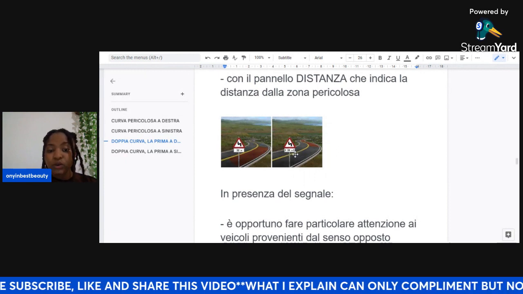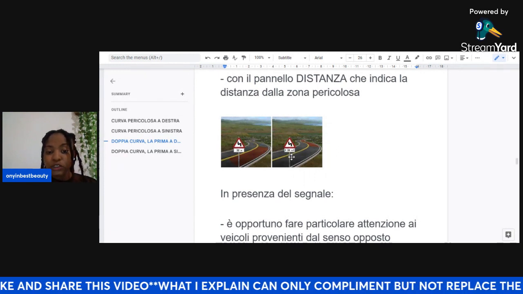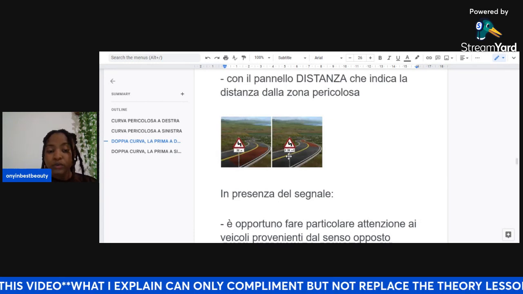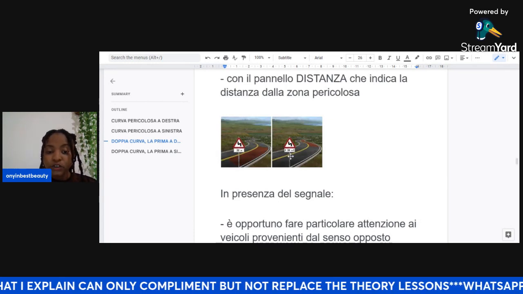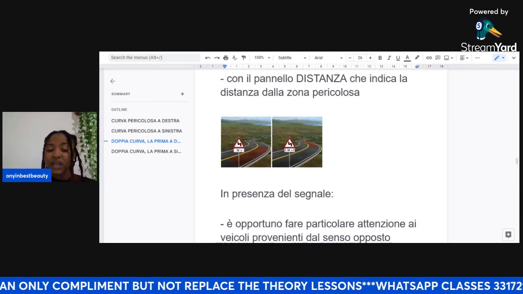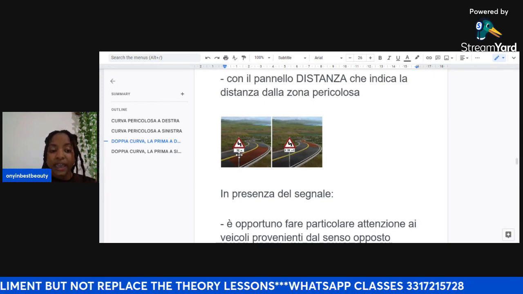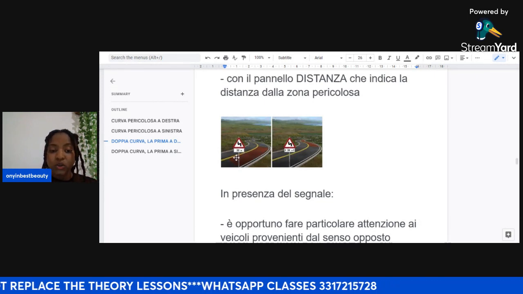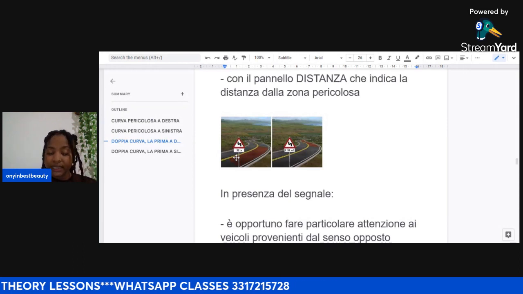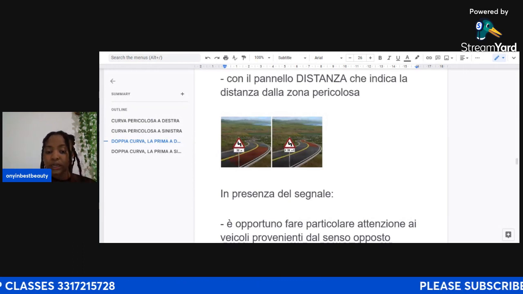When you see these two arrows at the side facing up, just as seen in this picture, it's telling you 38 meters, the length. When you see only M with the number, no arrow, it's telling you the distance. When you meet two arrows by the side, it's telling you the length.